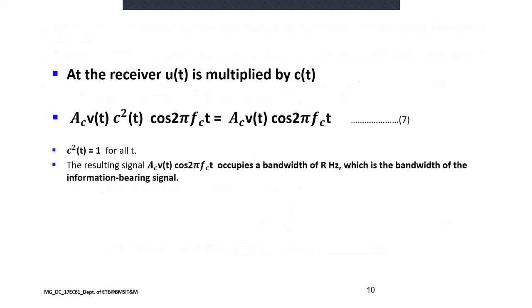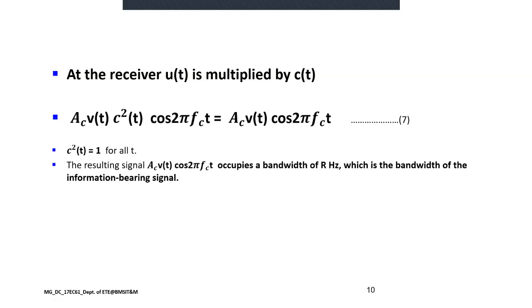So as I said, at the receiver, the received signal will be multiplied by C of t. I have taken it as R of t, just for sign convention. The spread signal with modulation was AC V of t C of t cos 2 pi fc t.